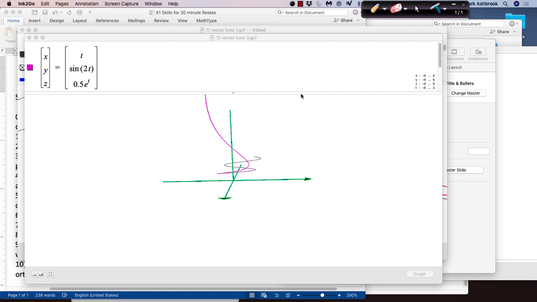I've got x equals t, y equals sine 2t, and z equals 1/2 e to the t. This vector function doesn't have to be called r. Let's call it c of t. That's perfectly legit.